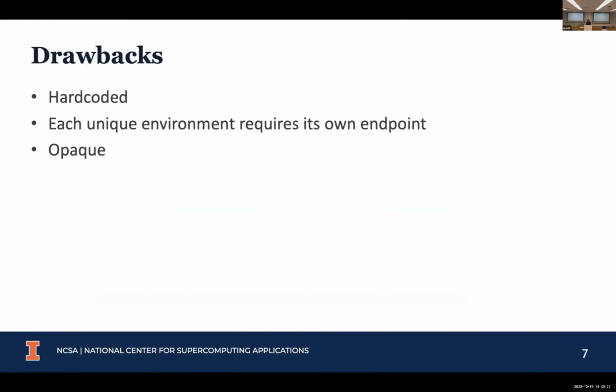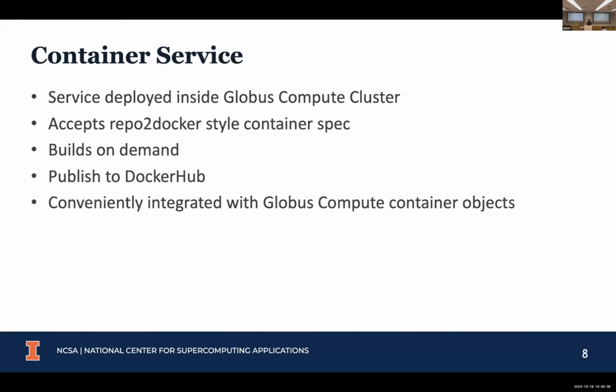Problem solved. Well, yeah, except this is very hard-coded. Every environment that you want to work with is going to have its own endpoint. It's very opaque. Users can't see what you put into there. So it works, but definitely has some drawbacks.